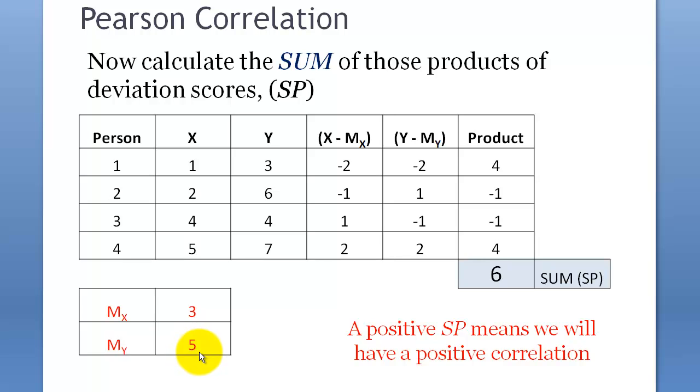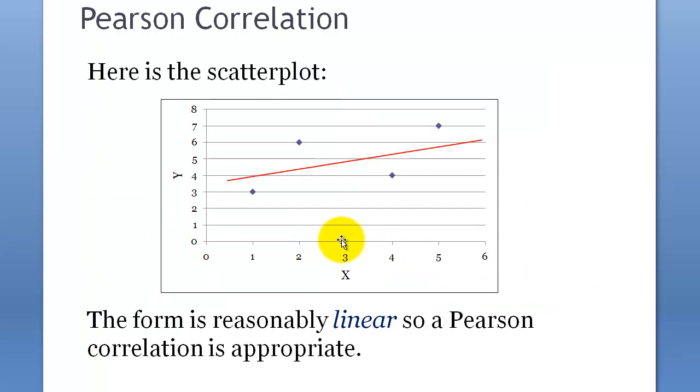In a scatter plot, x of 3 and y of 5 is about this point right here, and I think it's figuring out the size of deviations from this point for each point.